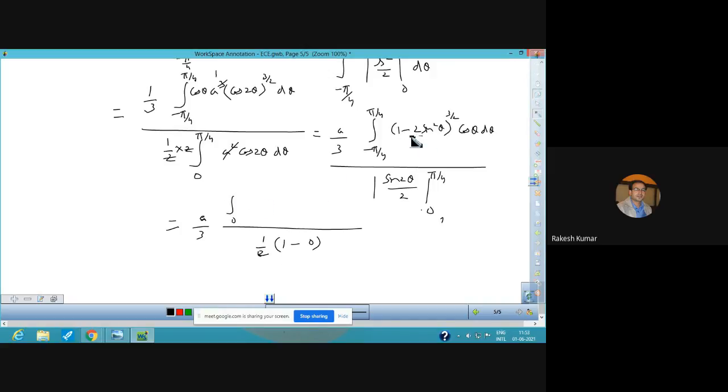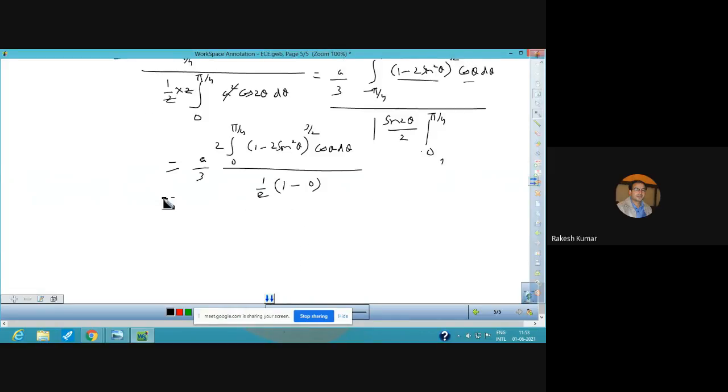Now you just see, this is also an even function. This is even and this is even. So it becomes 2 times 0 to pi by 4. So 1 minus 2 sine square theta raised to power 3 by 2 into cos of theta d theta. We are using the even property of definite integral.